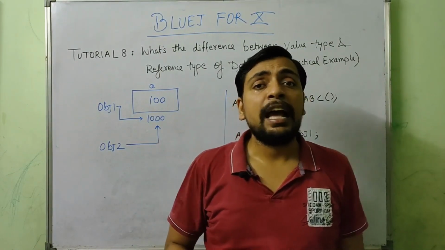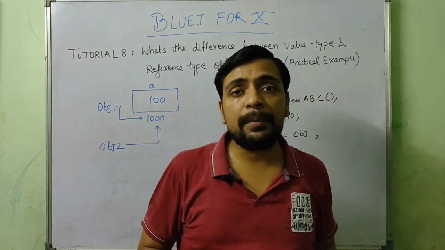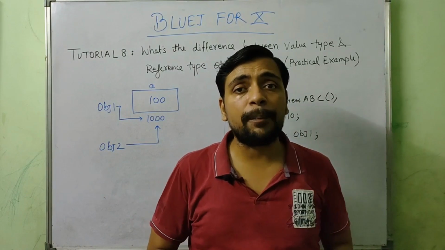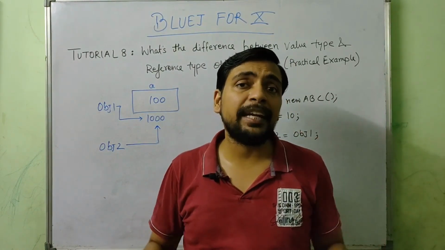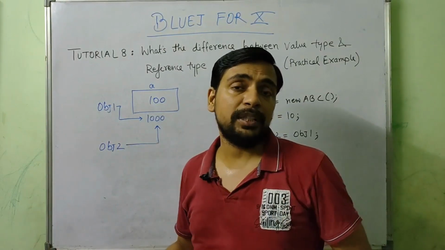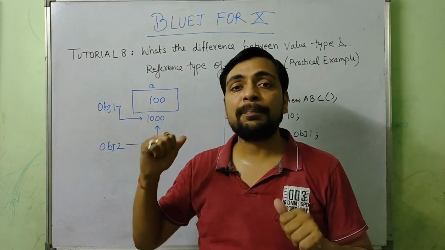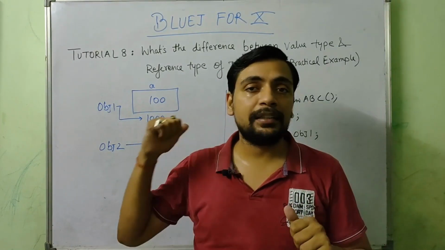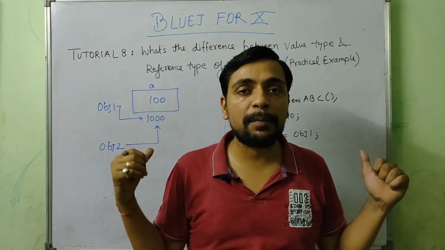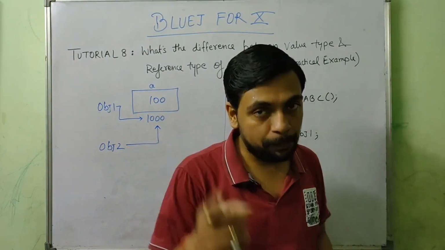If the value is copied, any change made to one of them does not affect the other one. But if the reference is copied, then any change made to one of them affects the other one. Now we will see practically how this is implemented and what outputs it will give. Though I have shown you why it will give that output, let me show you that practically. So let's go to our laptop.